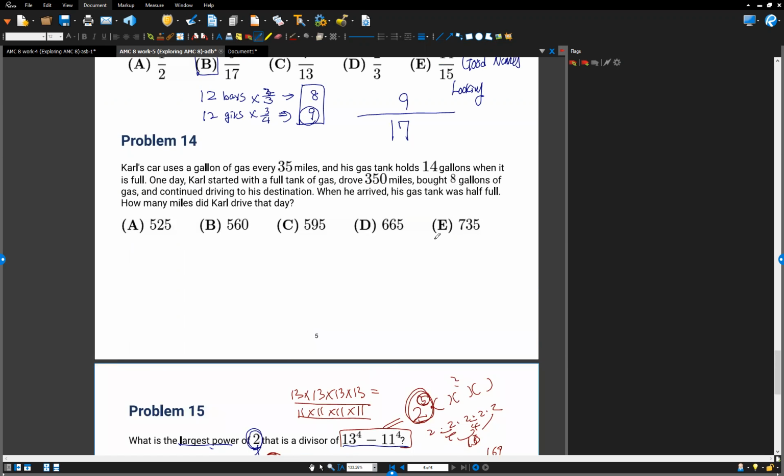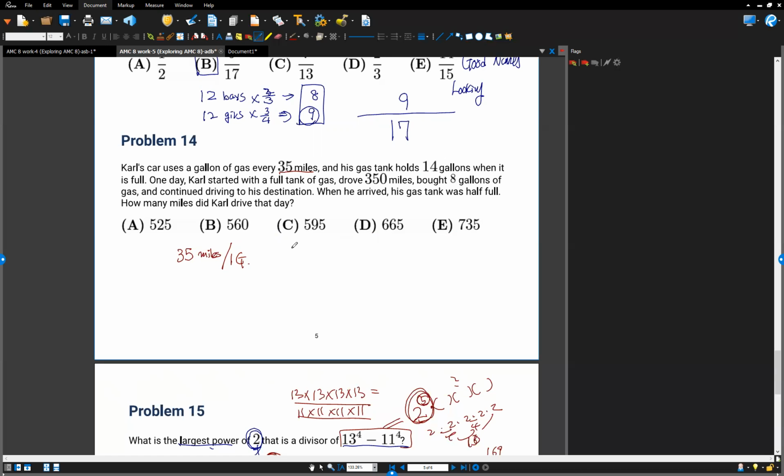Now, last questions. These are all yours. You can read the questions and try to find the answer. Okay. A car uses a gallon every 35 miles. If you have 1 gallon, it traveled what? 35 miles. 2 gallons, 70 miles.